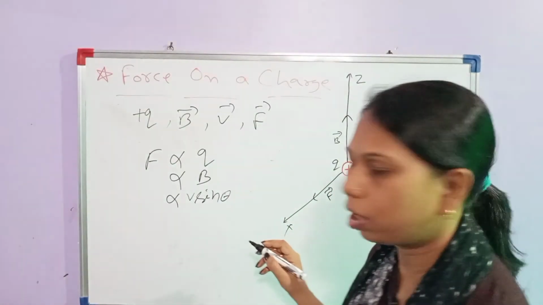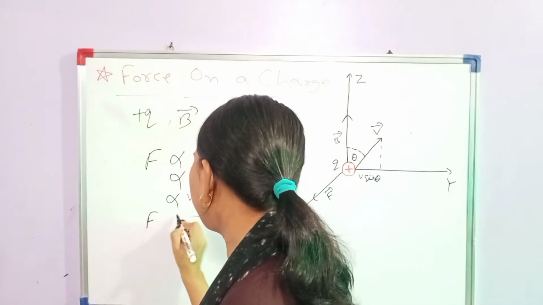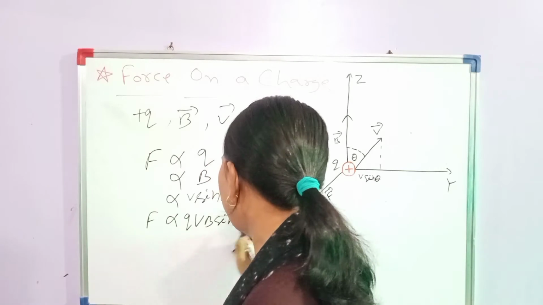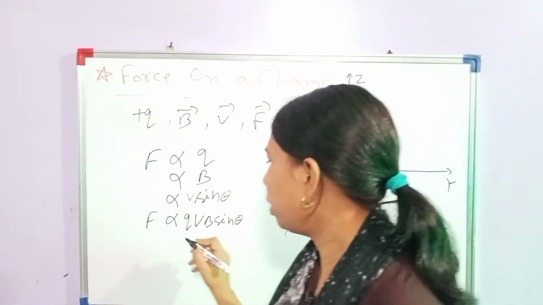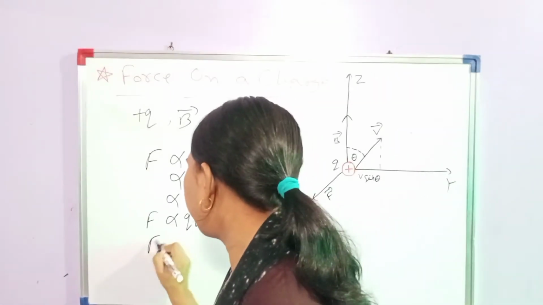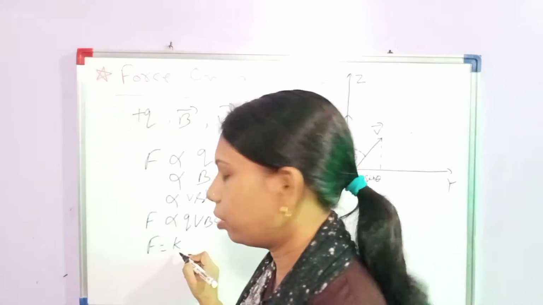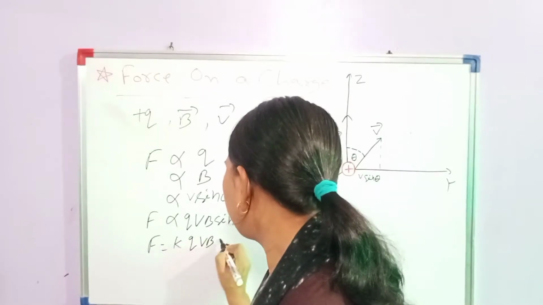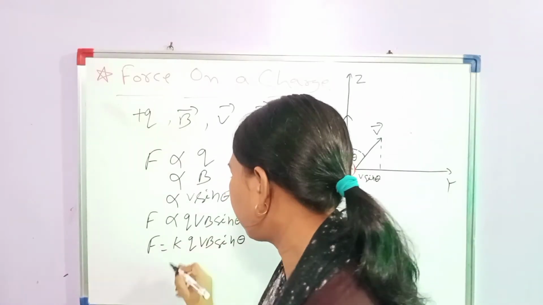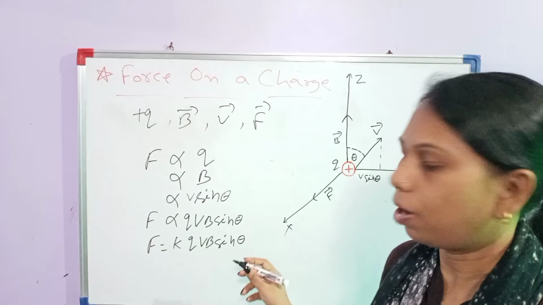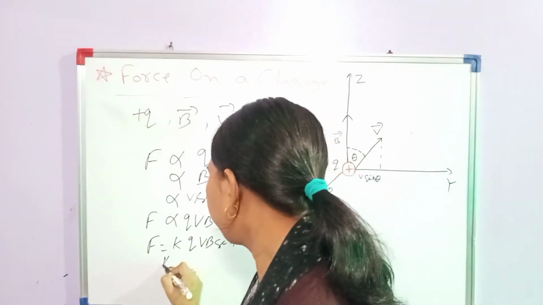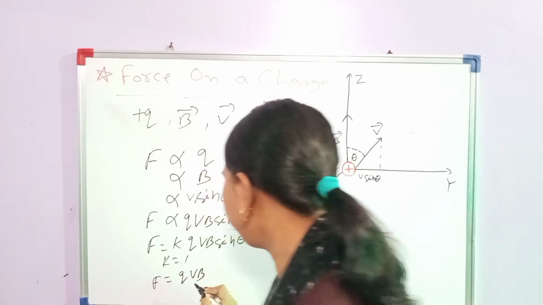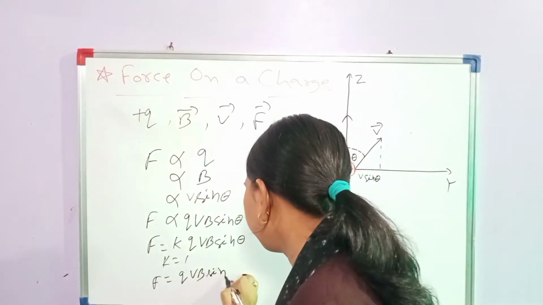So, let us combine: F is directly proportional to Q V B sin theta. If we remove the proportional sign, then F equals K Q V B sin theta, where K is the proportionality constant. From experiment it was found that K equals 1. So F equals Q V B sin theta.